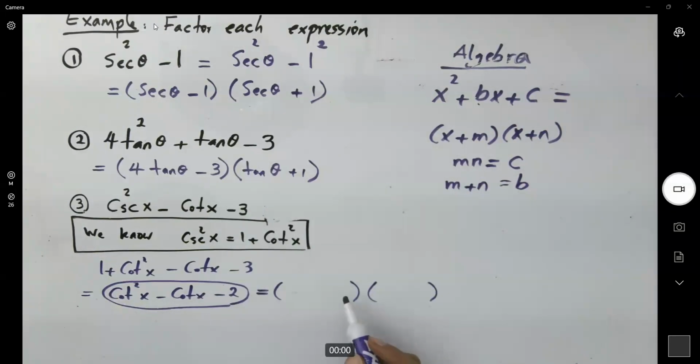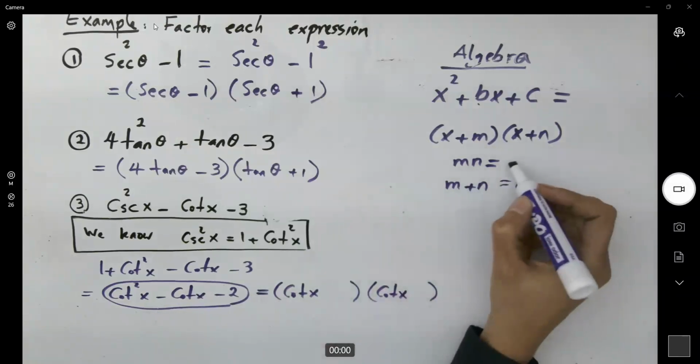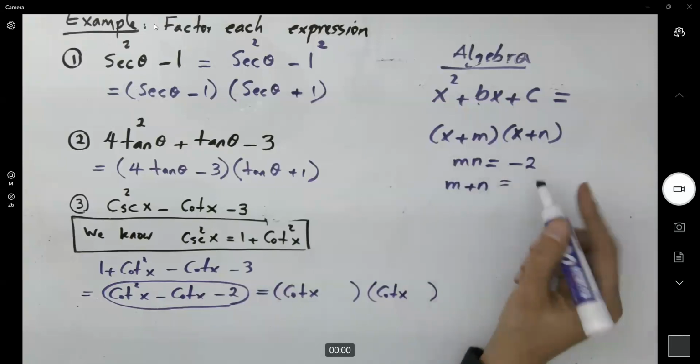So what are those two numbers? Cotangent of x, cotangent of x. We're looking for two numbers. The multiplication is -2. Their sum is -1.